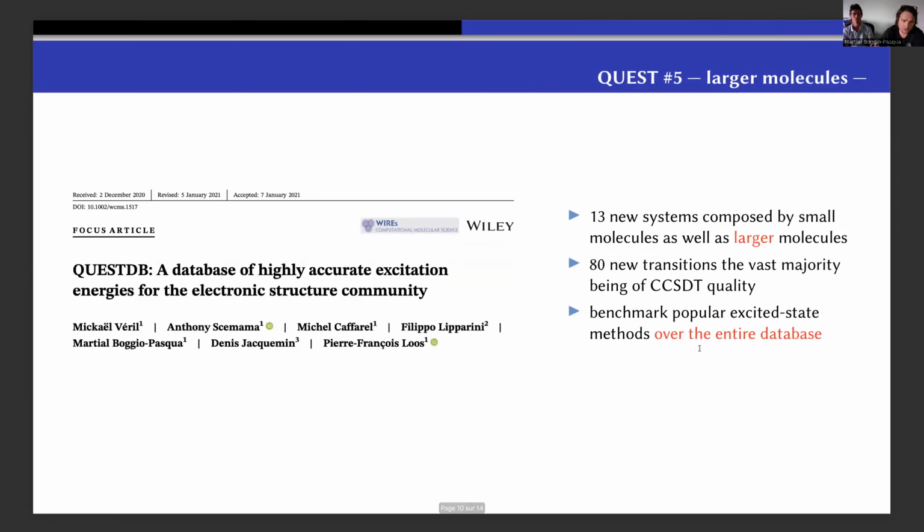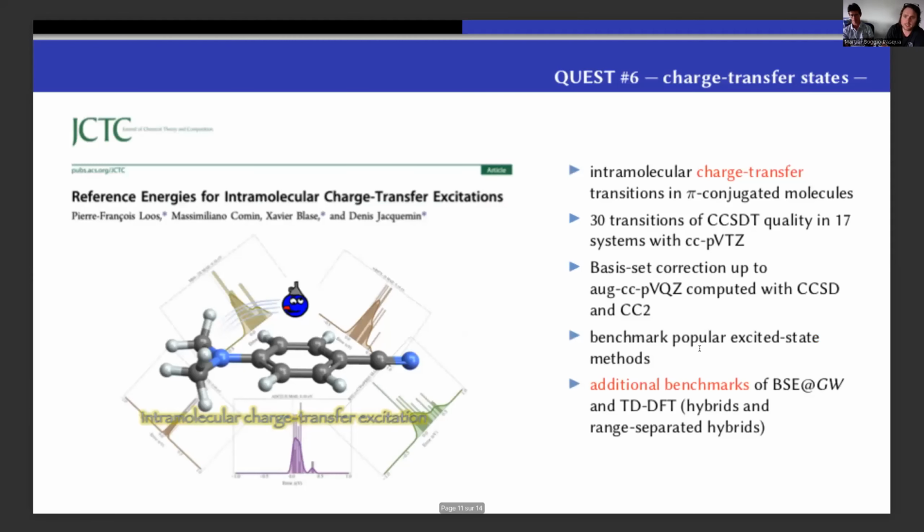Afterwards, we tried to get larger and larger molecules and more excitations. So that was this paper, and the penultimate one was trying to improve that again because we were missing some charge-transfer excitations.